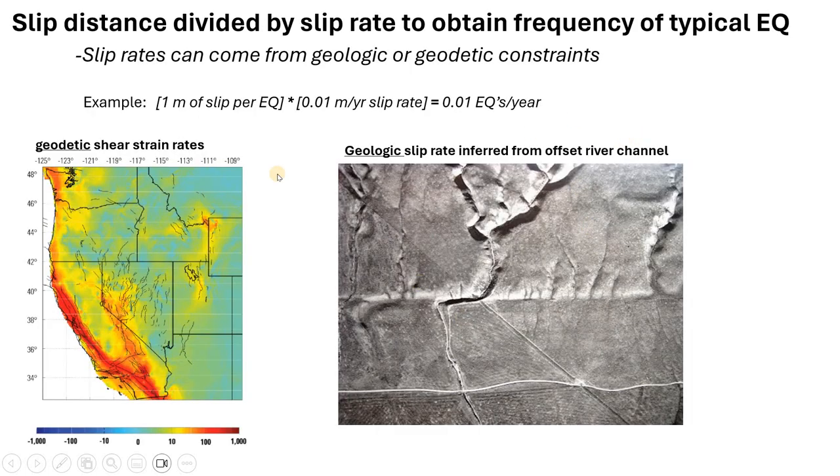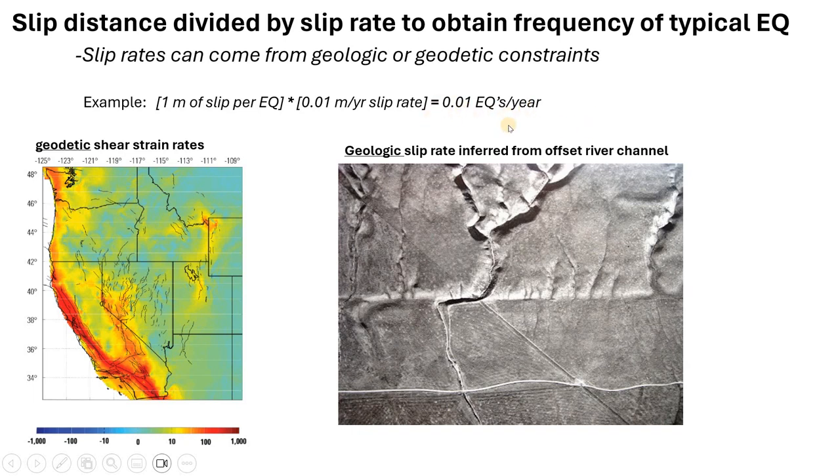And so once we know that predicted slip in a rupture event, we can turn that into a frequency by dividing it by the slip rate, okay? Here we're going to assume what's called a slip-predictable characteristic earthquake cycle, such that if we're expecting 1 meter of slip per earthquake event, and a slip rate of, say, 0.01 meter per year, we get a total of 0.01 earthquakes per year.